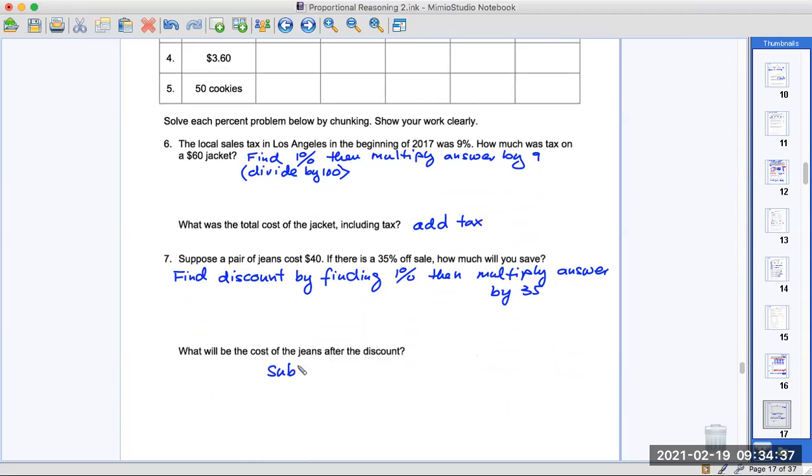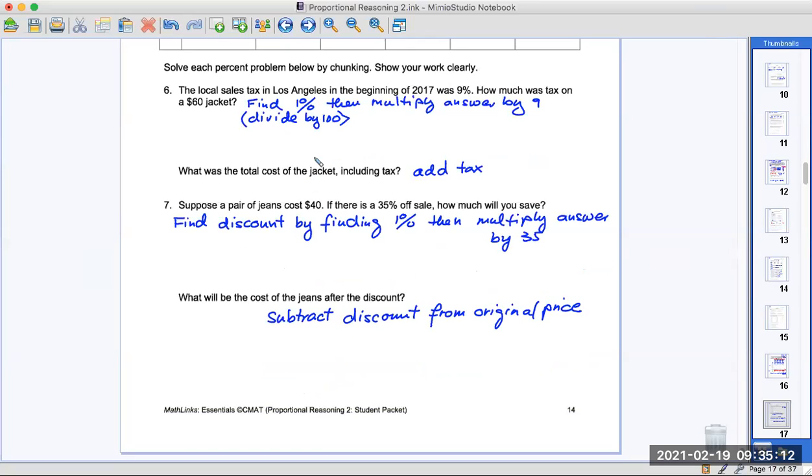You subtract or take away the discount from your original price, which was 40. Okay, so remember, tax you add, discount you subtract. First you find it and then you subtract it from the original price, which was 40. Good luck. You do definitely need a calculator. Otherwise, you're going to be sitting there forever trying to figure that out with multiplying and dividing.